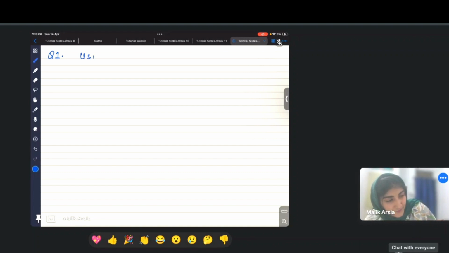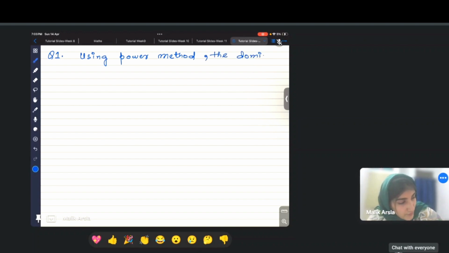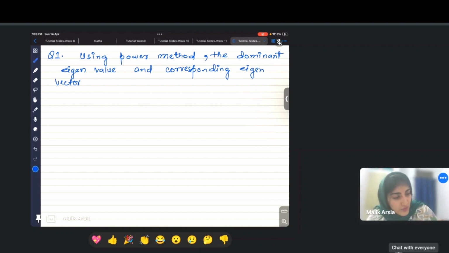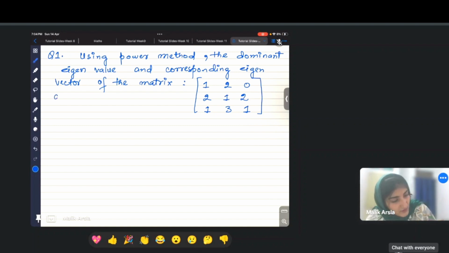So the first question is: using the power method, find the dominant eigenvalue and corresponding eigenvector of the matrix [1, 2, 0; 2, 1, 2; 1, 3, 1] after the third iteration.